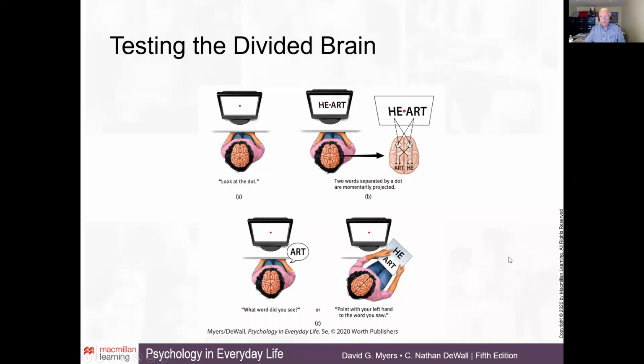Here's another example of what we're talking about with split brain. The subject is asked to look at the dot, and then the letters HE and ART appear. HE registers in the right occipital area. ART registers in the left occipital area.